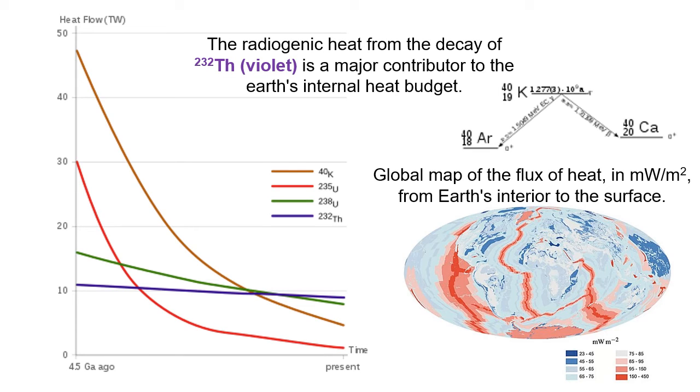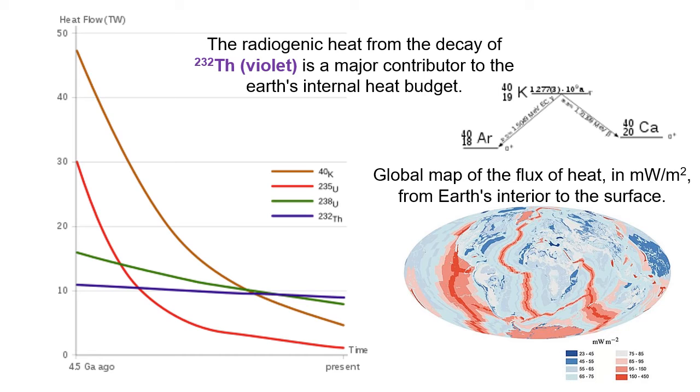Radioactive decay from potassium-40, uranium-235, uranium-238, and thorium is a major source of radiogenic heat coming from Earth's interior to the surface. The interior of our planet is hot because of radioactive decay inside.